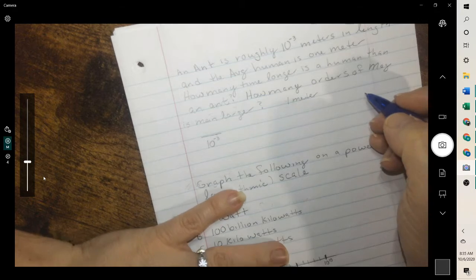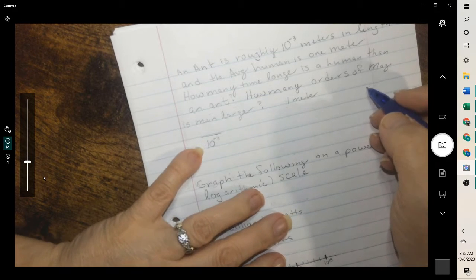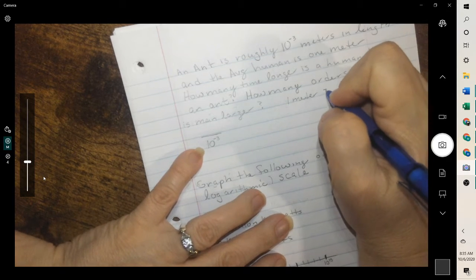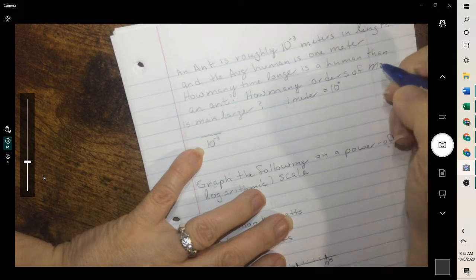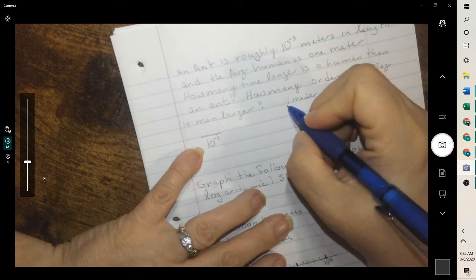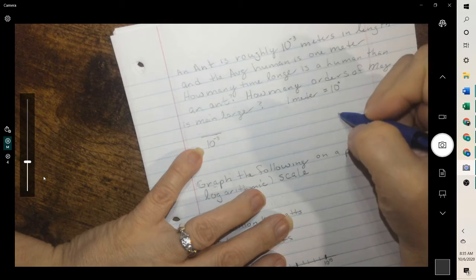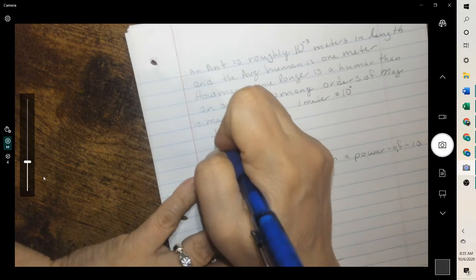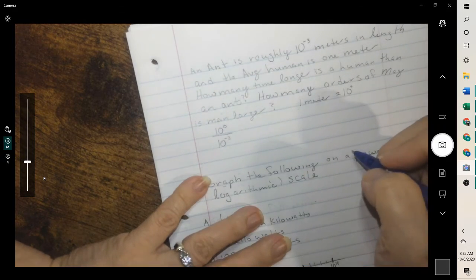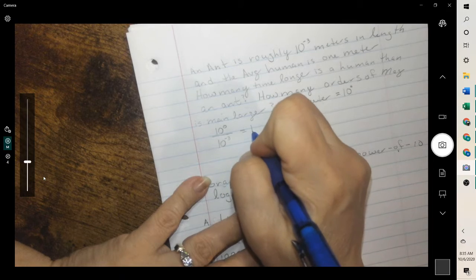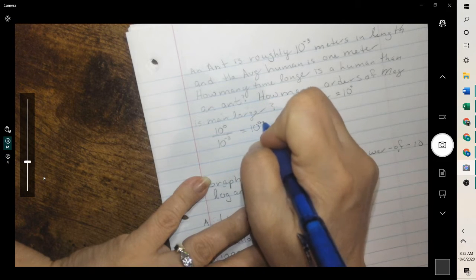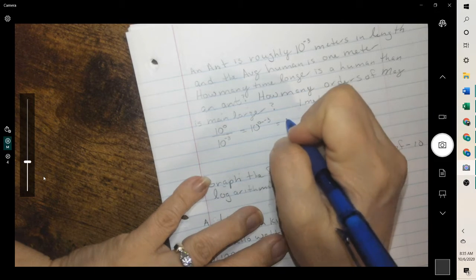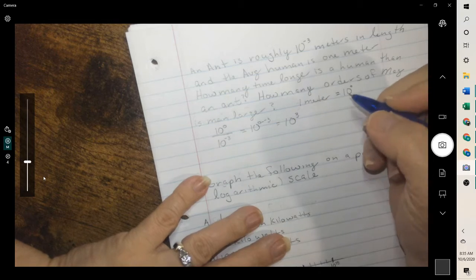But we need to write that in terms of 10 to a power. Well, remember that 10 to the 0 power is 1. So if it's 1 meter, it's 10 to the 0 power. So we take 10 to the 0 minus -3, or 10 to the 3.